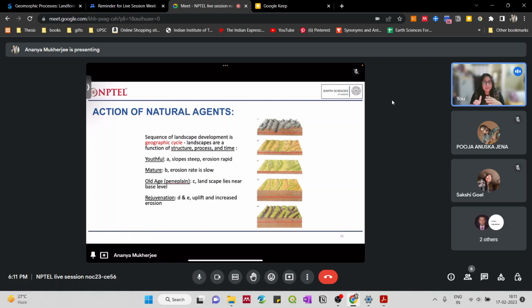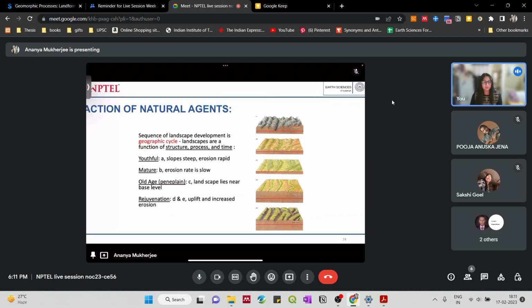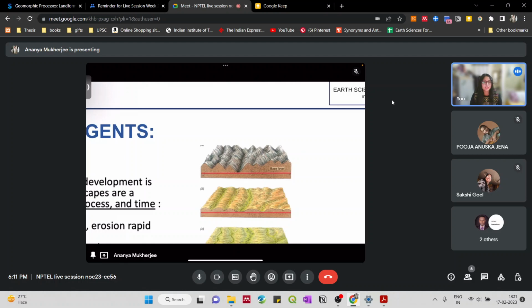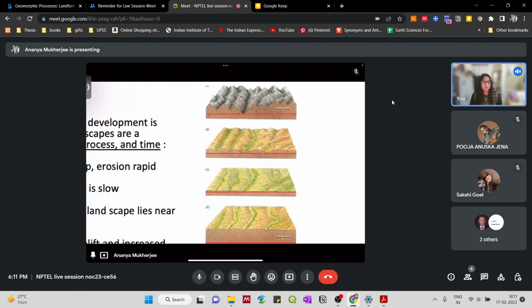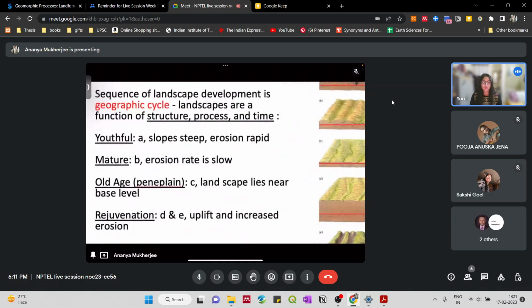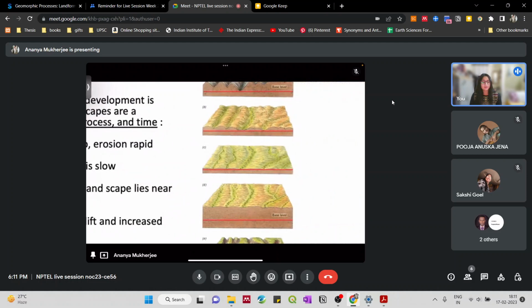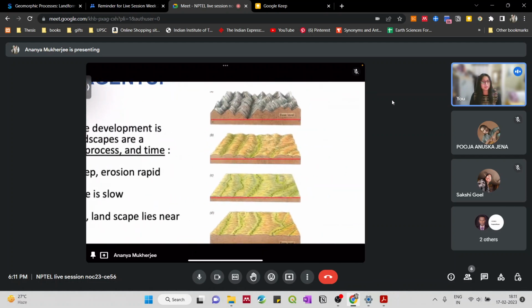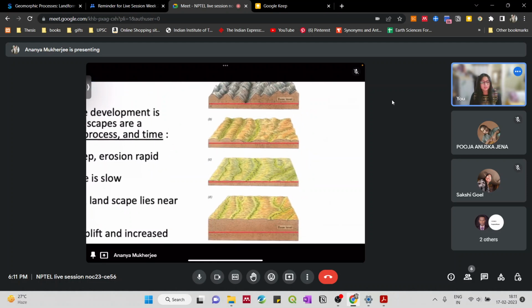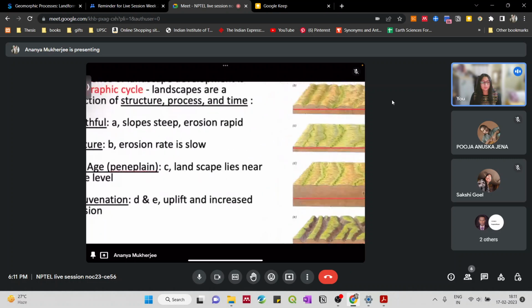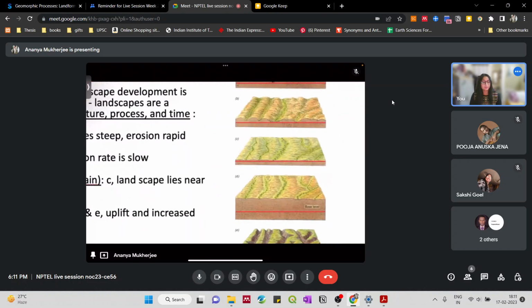So as you can see over here, the youthful stage is at the start, like this is already a present structure. Suppose this structure is present. Then with time, with erosion, as we reach the mature stage, we can see that with erosion the elevated lands are decreasing in height. Then you come to C, that is your peneplain.